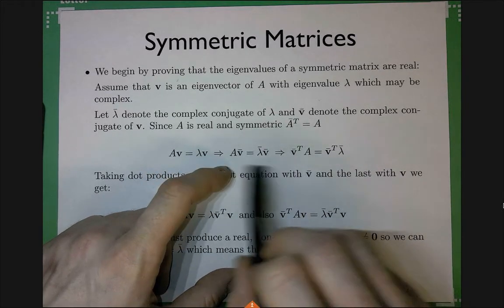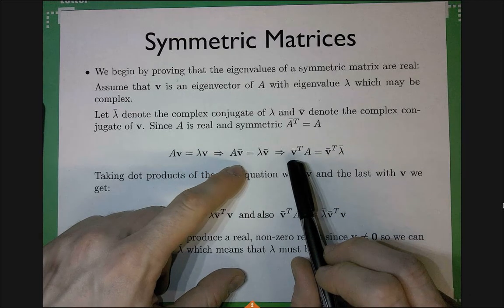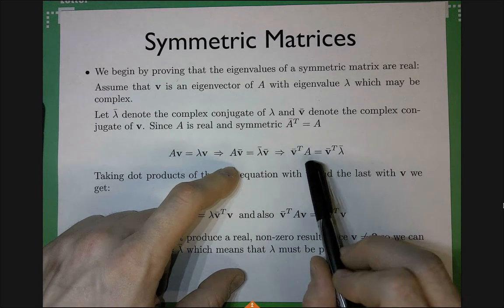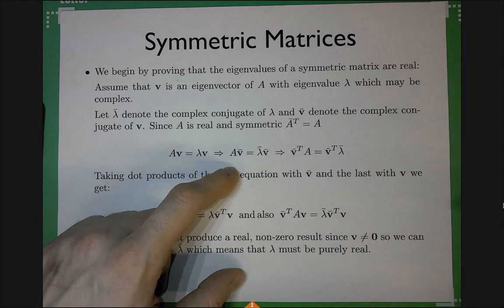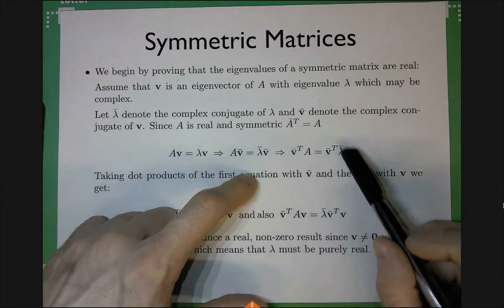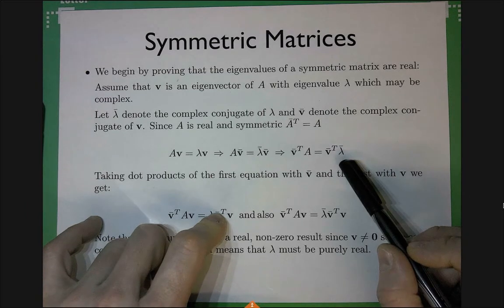What you can do is then transpose this entire equation. This transpose gives me v conjugate transpose A transpose, but A transpose is just A, right? So I can get rid of the transpose, and here it's v conjugate transpose times lambda conjugate, which is just a complex scalar. Okay?